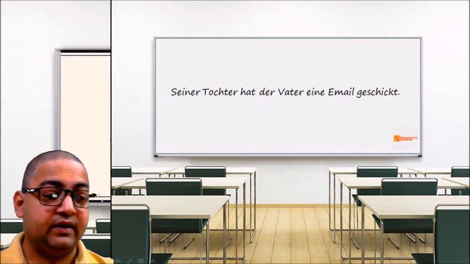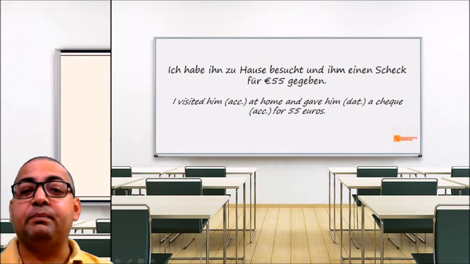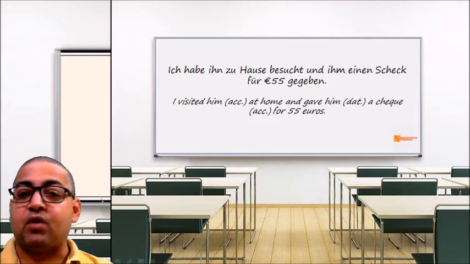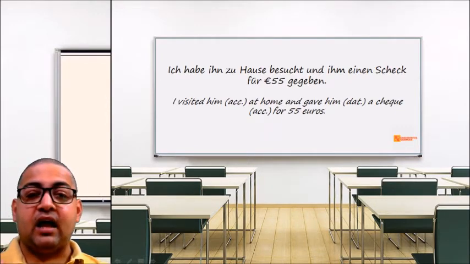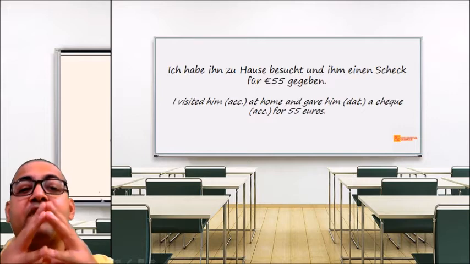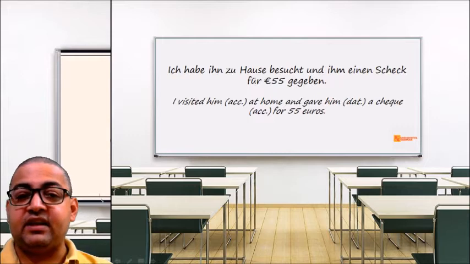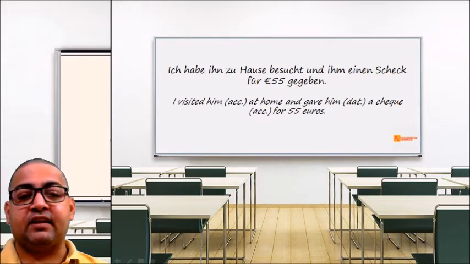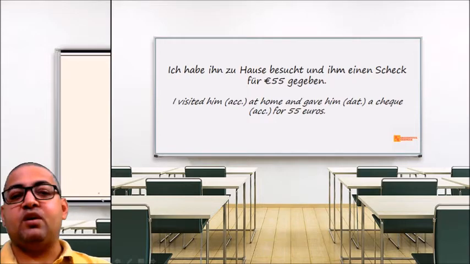For example, ich habe ihn zu Hause besucht und ihm einen Scheck für 55 € gegeben. Here I visited him, him is the accusative part, at home, and gave him. The first him is accusative, whom I have visited, and the second one is dative, to whom the check has been given. Alright, this is how we identify nominative, accusative and dative.